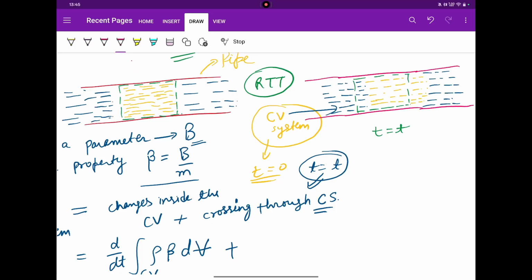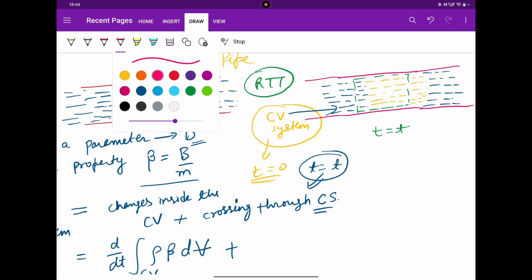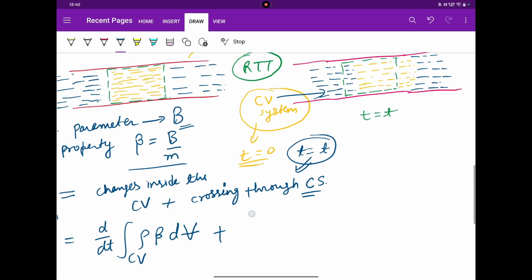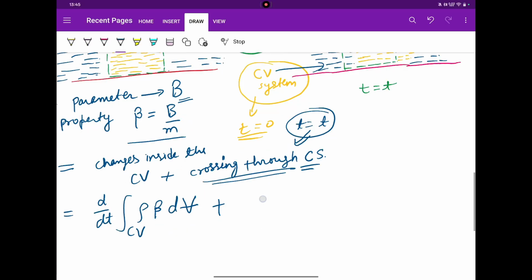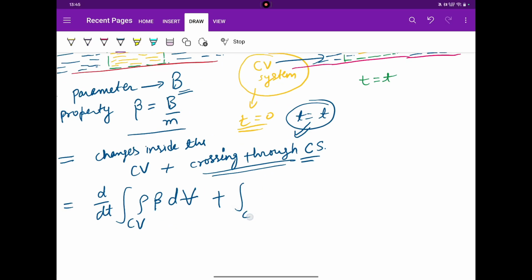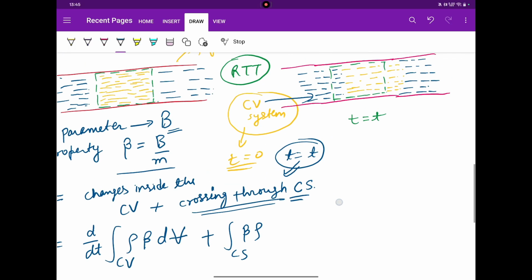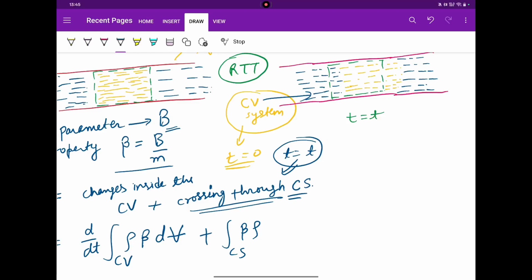Okay, now to take this effect of this crossing of matter through the control surface, what would this be? This is basically the control surface integral of beta rho and this velocity, basically v in.